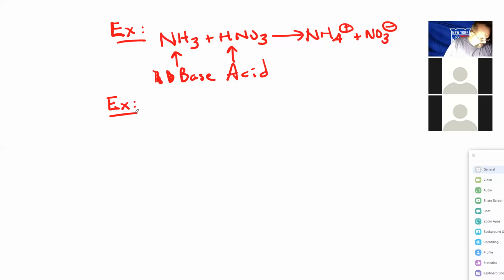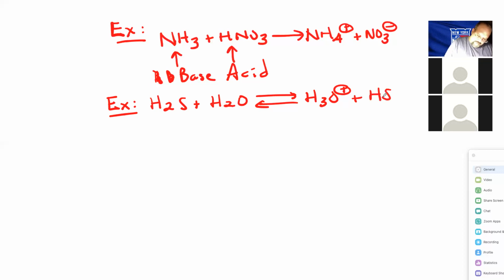So we've got H2S plus H2O. Now this time we're going to have a double arrow, and we're going to have H3O plus, and the other product will be HS minus.